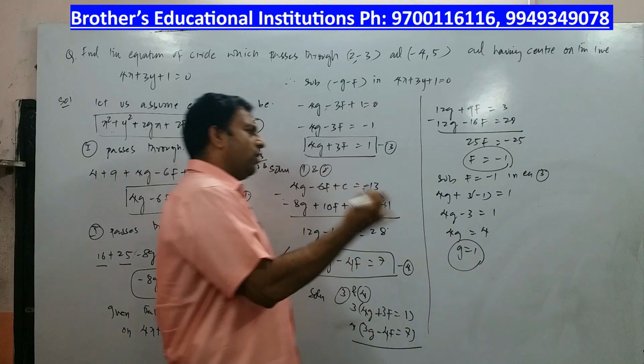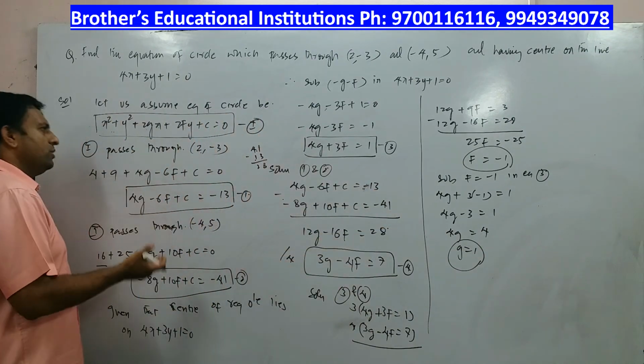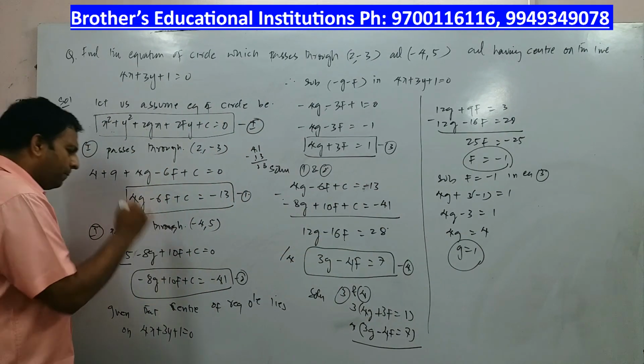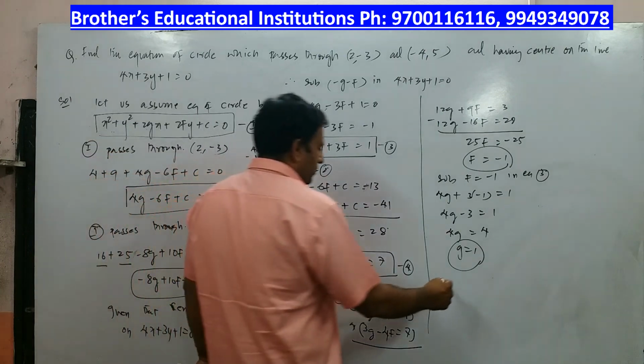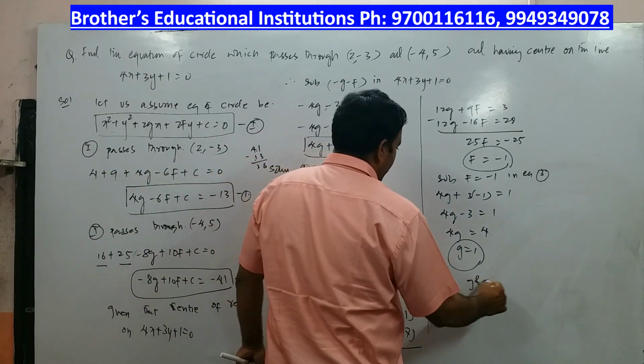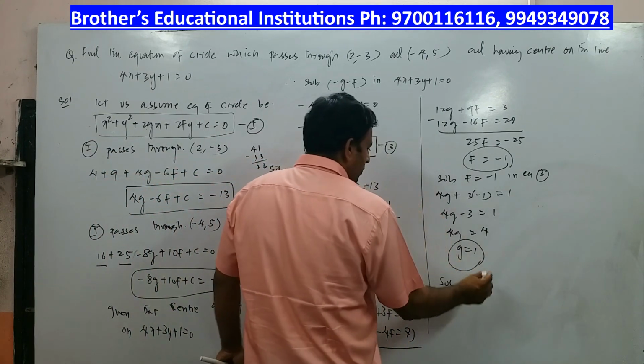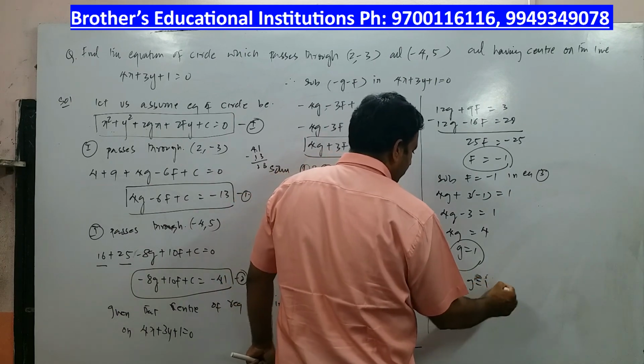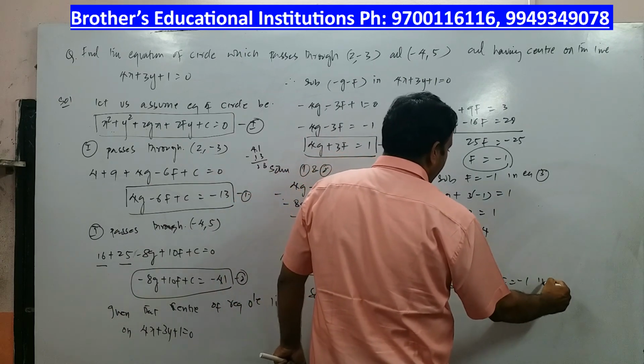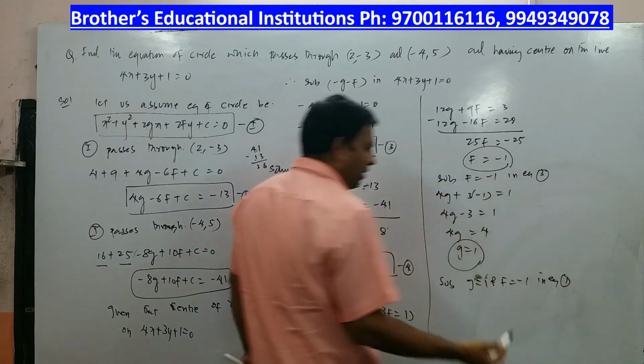You got the g value, you got the f value, you need the c value. So substitute g = 1 and f = -1 in equation 1 or equation 2.